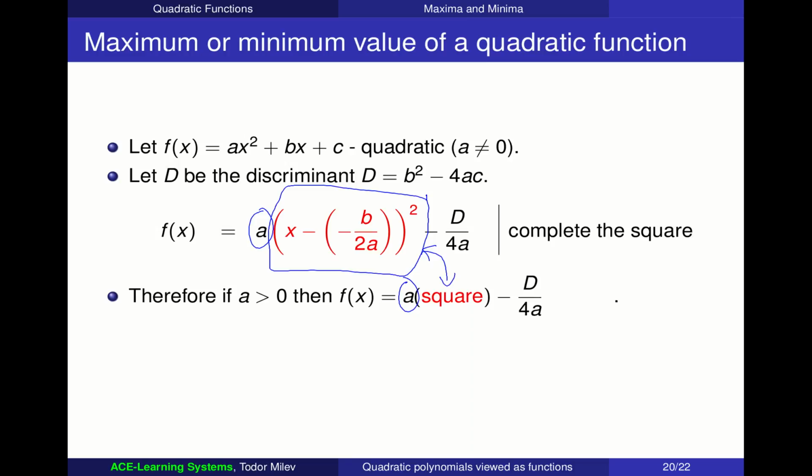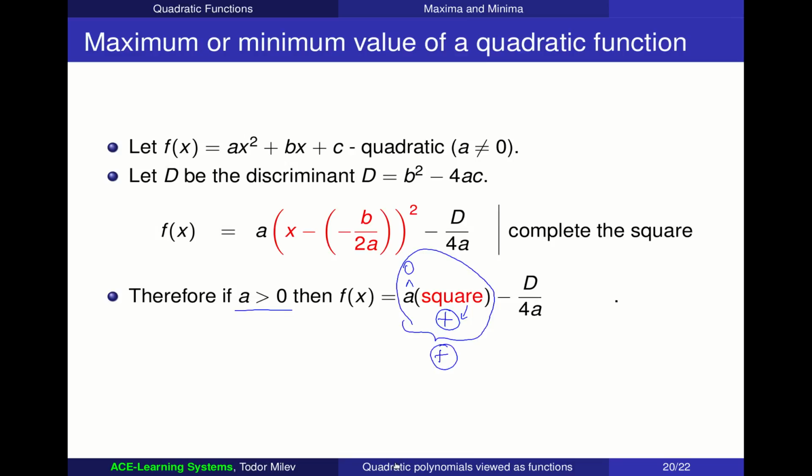I'm guaranteed that a square is always nonnegative. So if a is greater than 0, this entire expression here is always nonnegative. So I'm guaranteed that the value of my function can never drop below negative d over 4a.